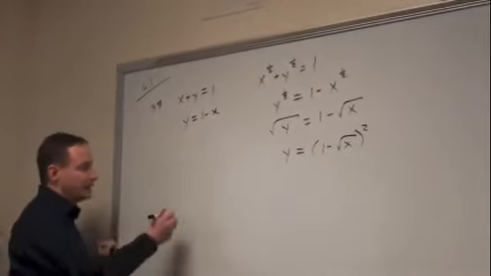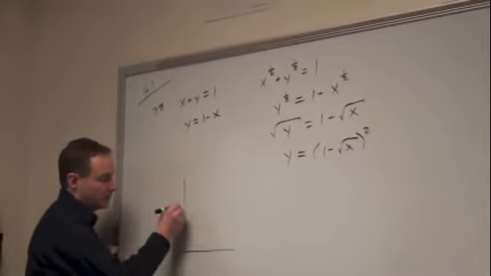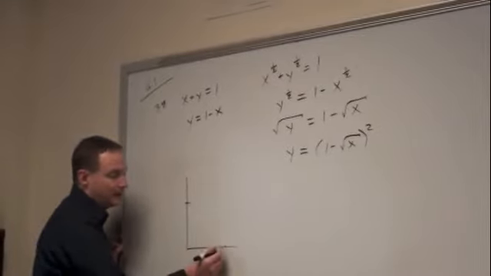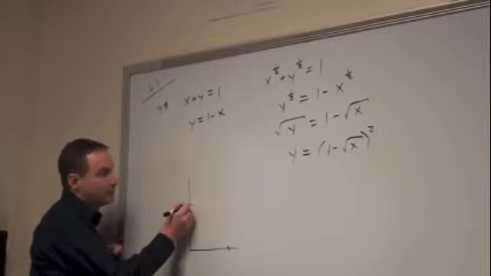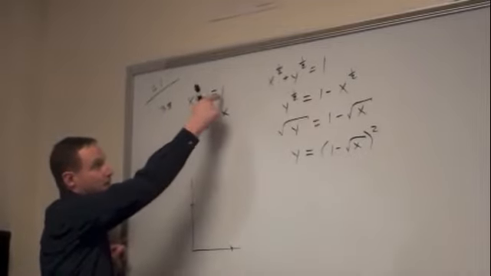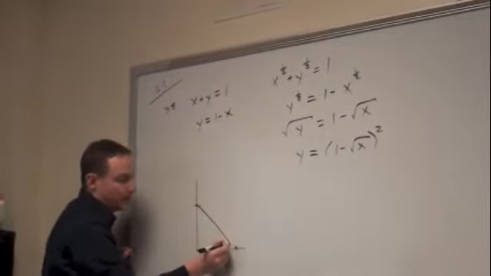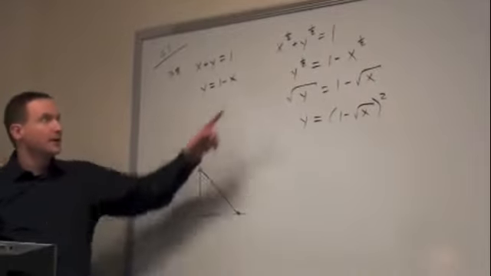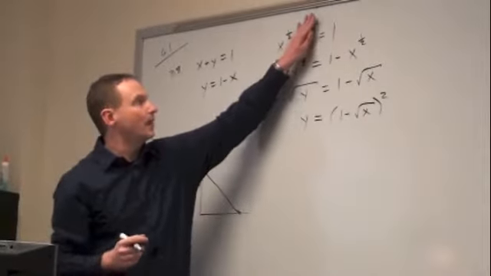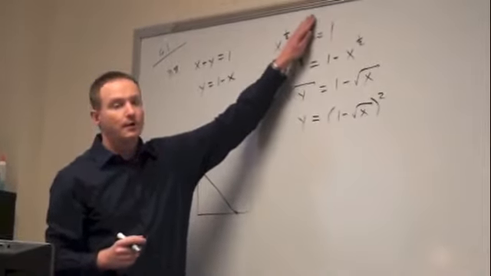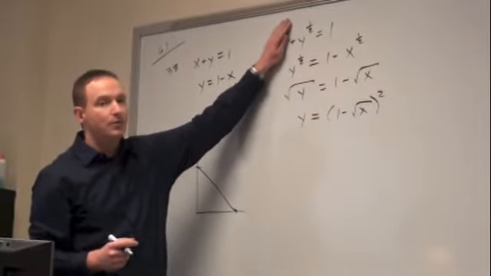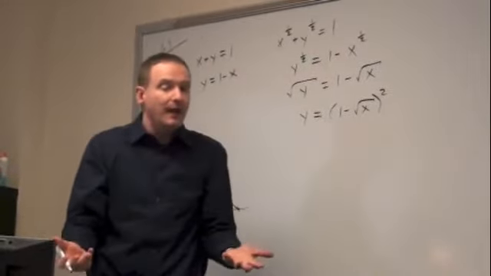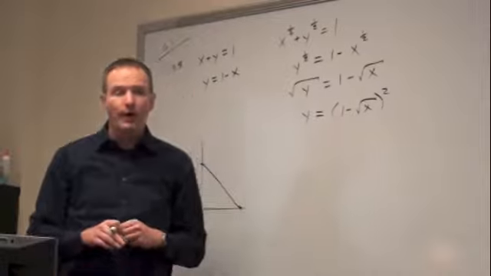So automatically I am certain, even if I didn't know how to graph them, I know that the first one has an x-intercept of 1 and a y-intercept of 1. The second one has an x-intercept, so if I let y equal 0, x is 1. If I let x equal 0, y is 1. I know it has x and y-intercepts at 1 and 1 as well.